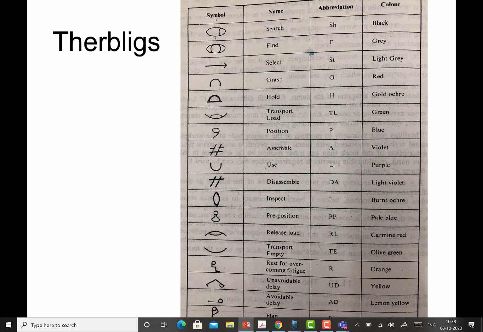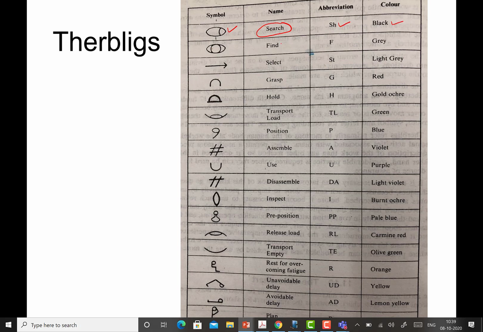First, you see these are the different 17 therbligs, and an 18th one was added later. So what are these therbligs? One is looking for a tool or material, indicated by this symbol, abbreviation SH, and the color is black.